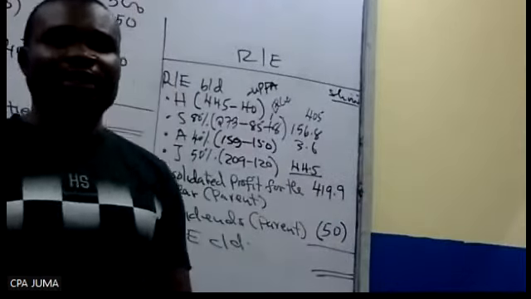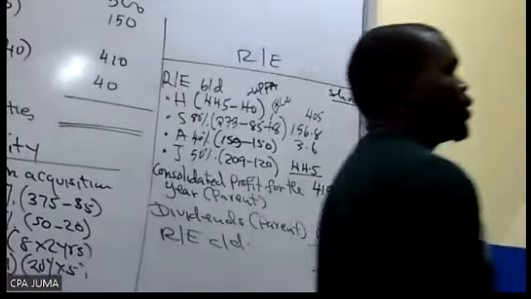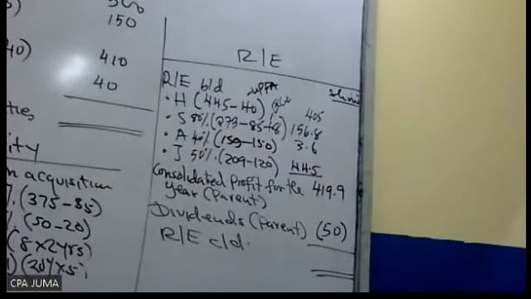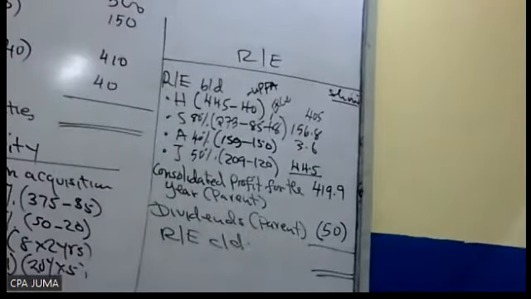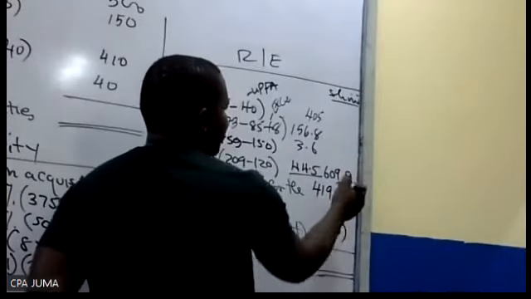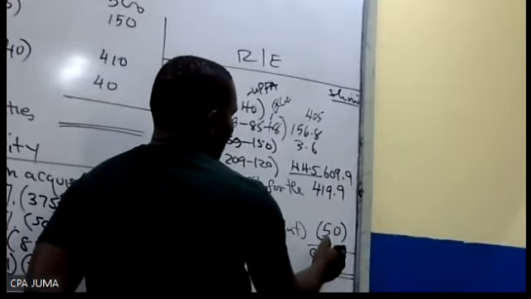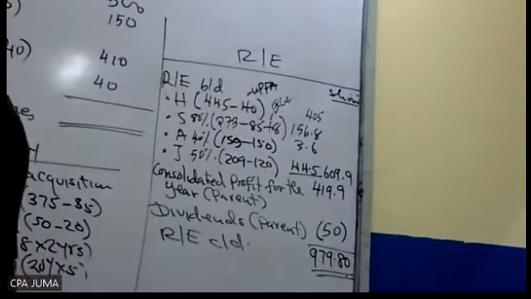Compare with what you gave me, whether it is correct. This one comes to 609.9, plus this minus 50, 979. Correct.